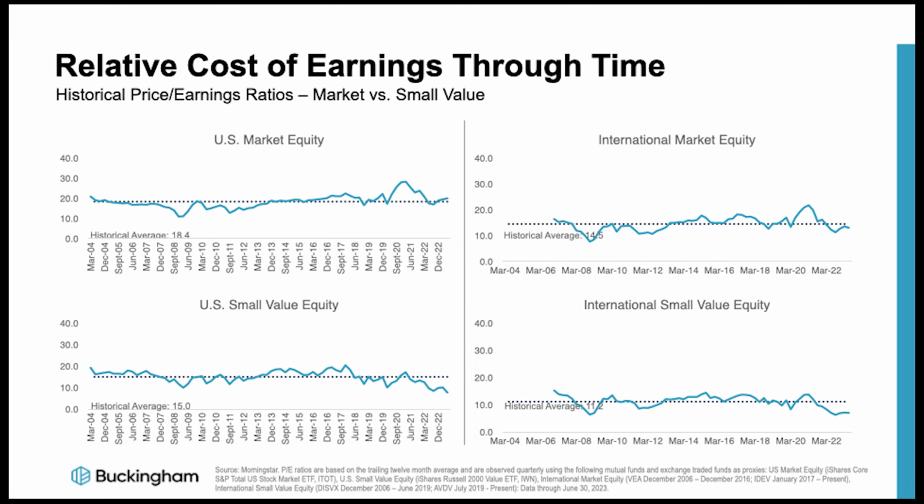The recent strength of broader U.S. market performance means that it's reasonable to expect, though not guaranteed, lower returns than in the past when valuations were below their long-term historical averages. Now, the opposite is true for international markets and small value stocks. Globally, it's reasonable to expect higher returns than in the past when valuations were above their long-term historical averages.